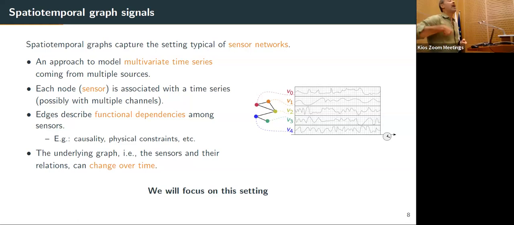If I have a chain, it means that the physical dependency is affecting the functional dependency. But sometimes we might have sensors that don't have any physical dependency. I have a temperature sensor here and an accelerometer or a strain gauge up there. Different sensors. Do they have a physical connection? No way. Do they have a functional dependency? The answer is absolutely yes.